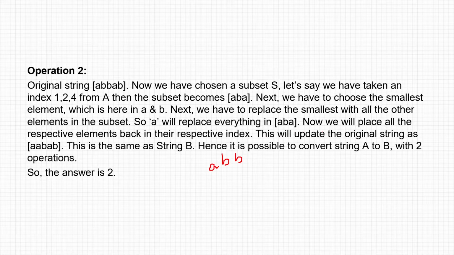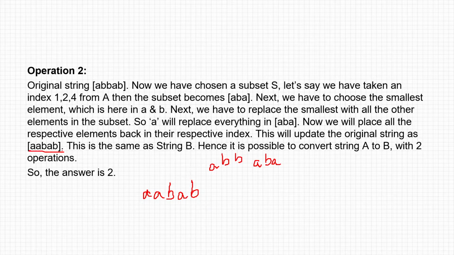So if you replace with A, it will become A, B, A, and then you will place it back into the respective indexes. This will give you the updated string as ABB.